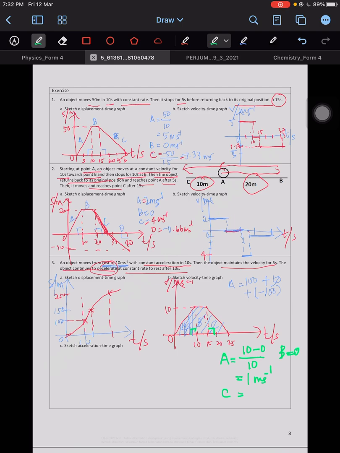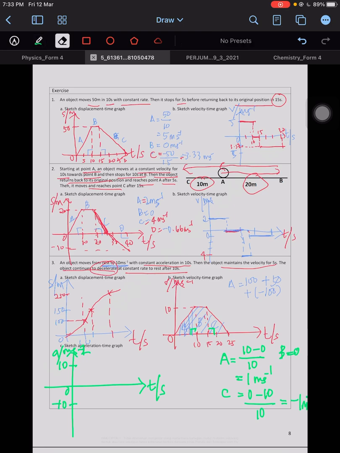Your C is again 0 minus 10 divided by 10, another 10 seconds, so negative 1 meter per second squared. So you have two parts. One is acceleration, meter per second squared, against time, origin. On the positive side it is 1, on the negative side it is negative 1.